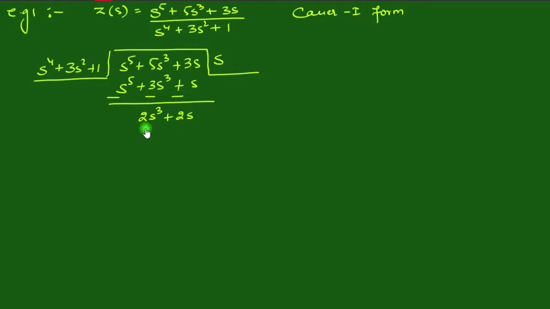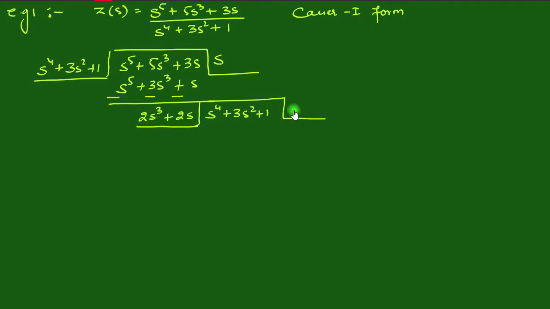Now this remainder will become my new divisor and the old divisor will become my new dividend. So keeping this as the divisor and putting the new dividend here, s raised to power 4 plus 3s square plus 1. Okay, we have s raised to power 4 here, we have 2s cube here.